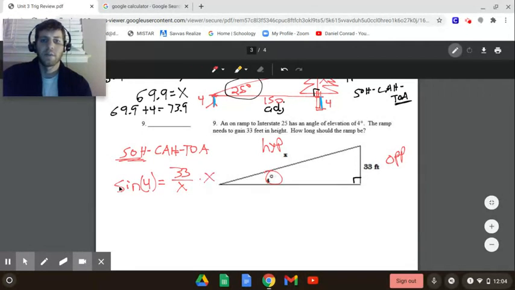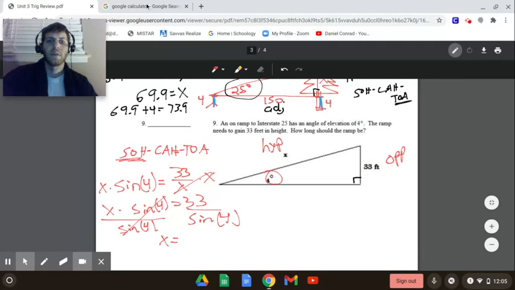Multiply both sides by x to get it out of the denominator, so x times sine of 4 degrees equals 33. Now divide both sides by sine of 4 to get x by itself. That cancels, and you're left with x equals 33 divided by sine of 4.